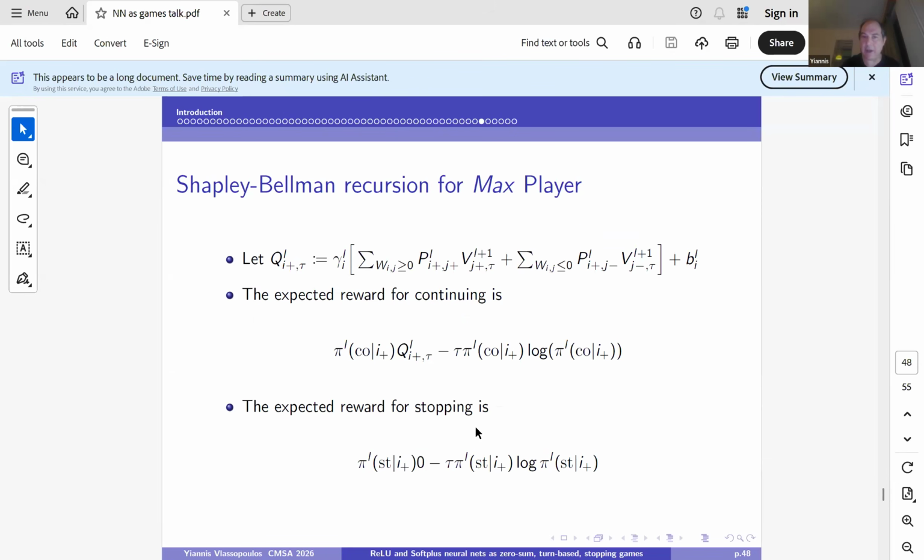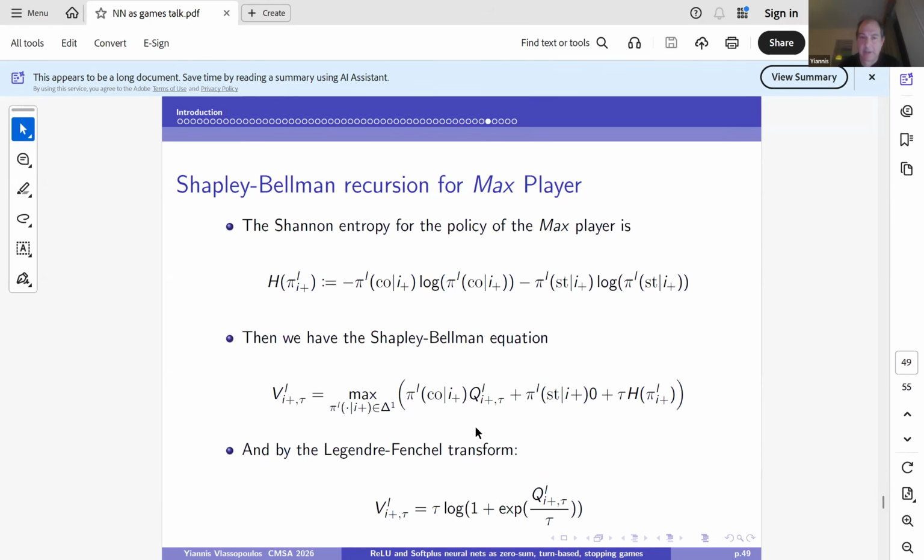You can write down the Shapley-Bellman equation: the expected reward for continuing, where one part comes from this Q, which is what we had previously, and another part comes from this logarithm of the policy. And the expected reward for stopping is this. And then you write down the Shapley-Bellman equation. Sorry, I'm going through this fast because we're running out of time, but if you want to see the details, you can see them in the paper.